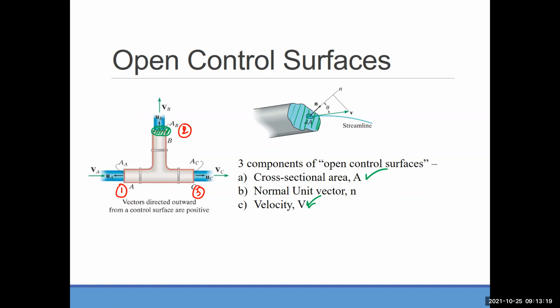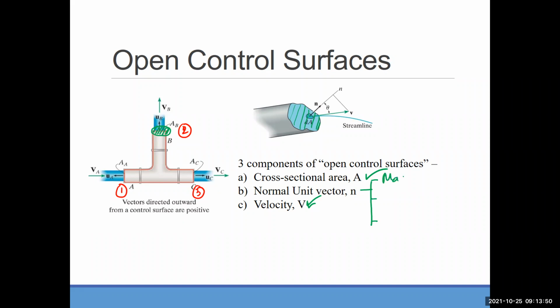So that means we can have incoming flow and at the same time outgoing flow. So we need to make sure we know the direction of the velocity also, right? Because velocity is a vector quantity. And that's why we need this normal unit vector. Normal means it's perpendicular. Unit means what? Just 1. Whenever you hear the word unit, that means it's 1.